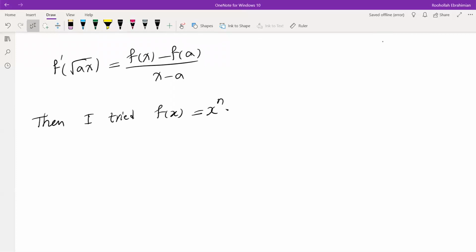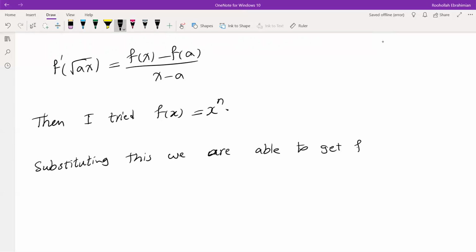And to my surprise, I was able to find another solution. So substituting this, we are able to get f(x) equals 1 over x as another solution.